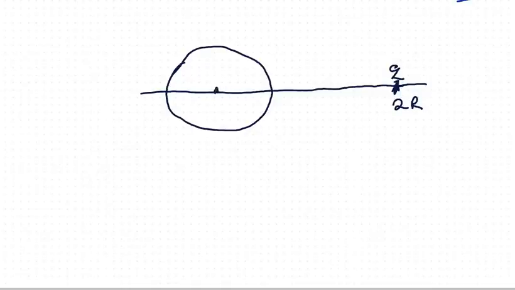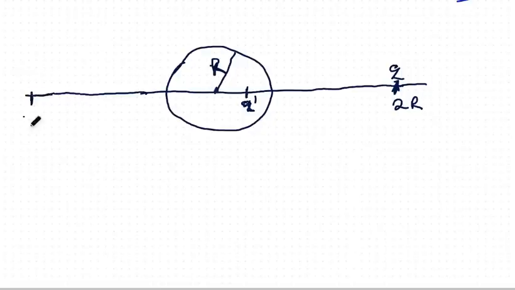This is the center, and we have the image charge q prime placed here. So we're told that another charge is placed in the negative direction with the distance 4r from the center.